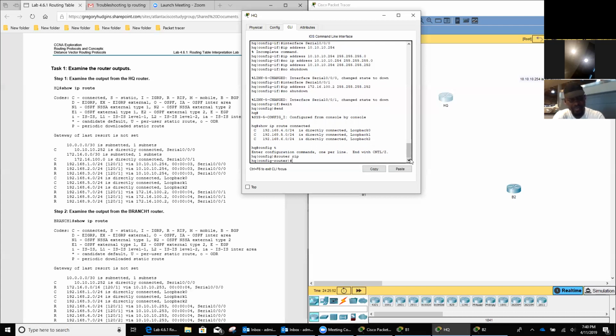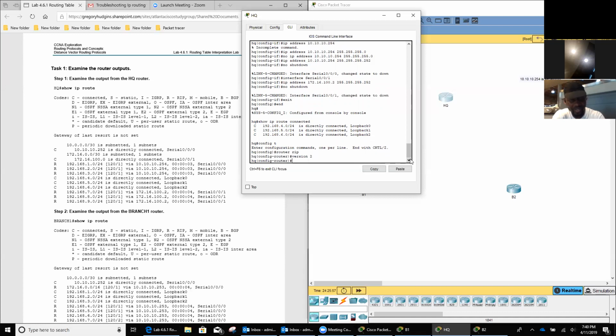In this case, we're going to use version 2 because we're going to use classless. For us to advertise these networks, we need to use the network command. Type network, and then the first network, which is 192.168.4. And what's the network? 4.0, zero's the network.